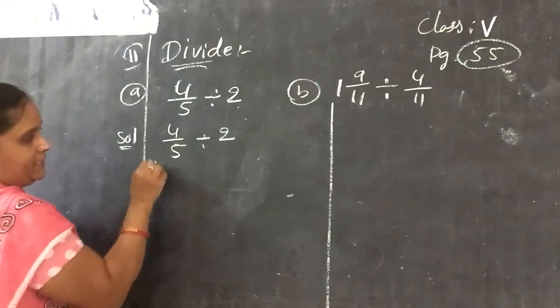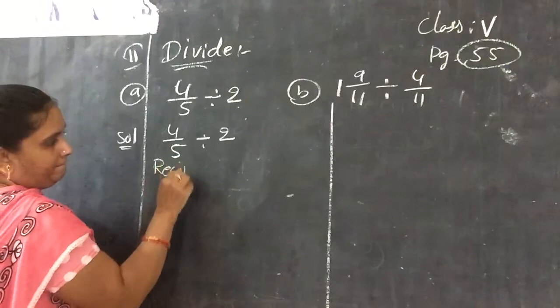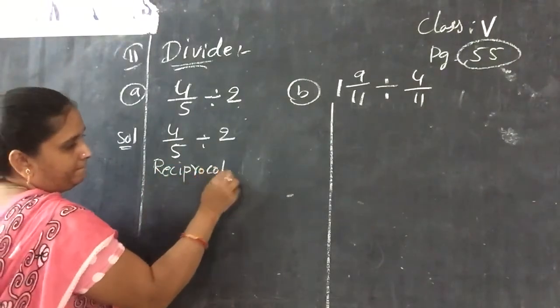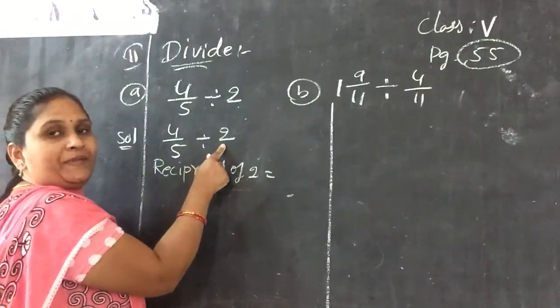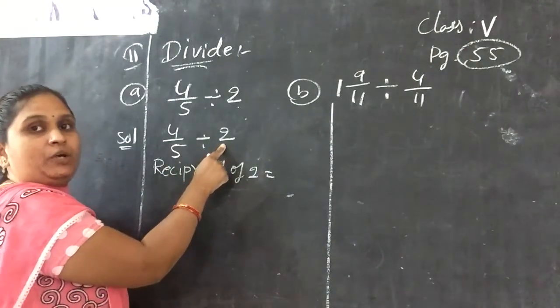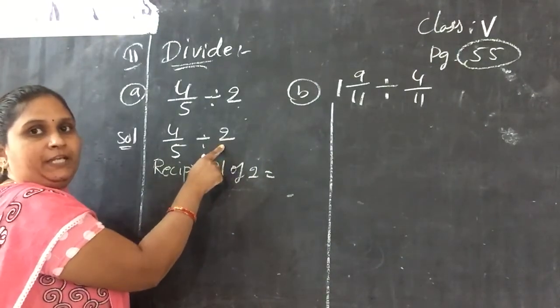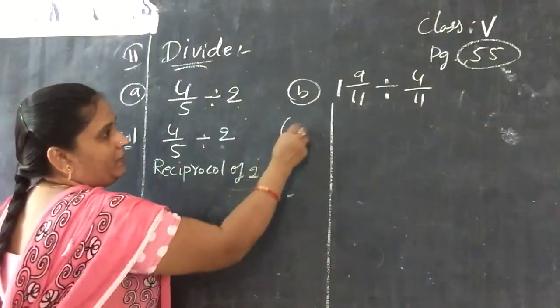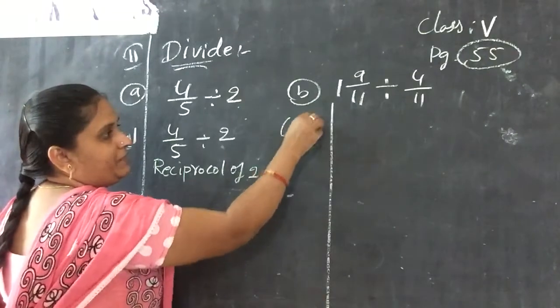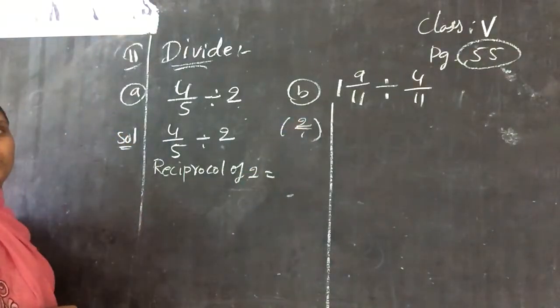So, the reciprocal of 2 is equal to, below the 2 we don't have any denominator, isn't it? Is there any denominator for the 2? Not there. But you have to think that if an individual 2 is there, it is 2 by 1.